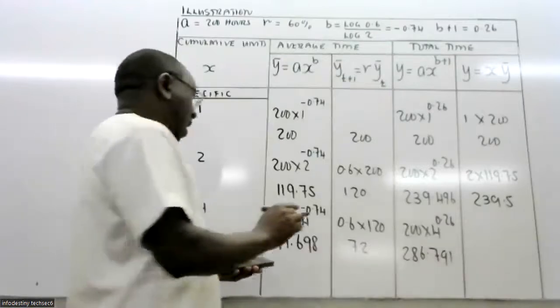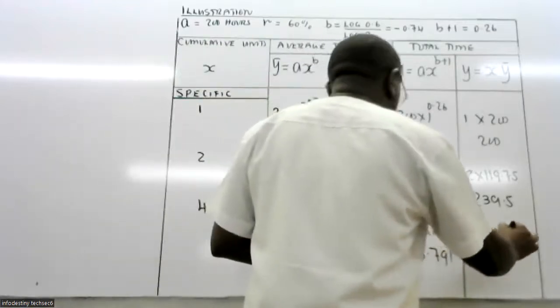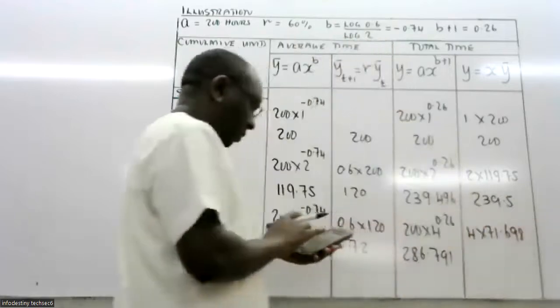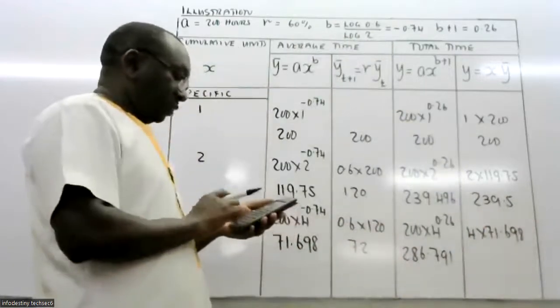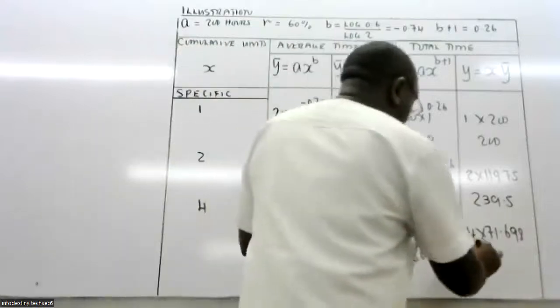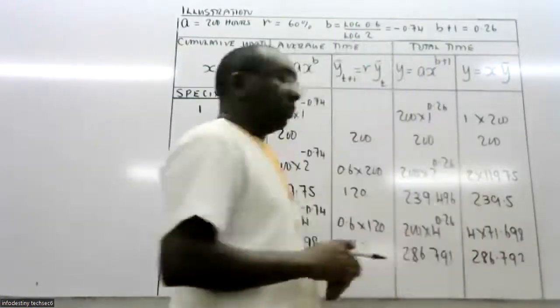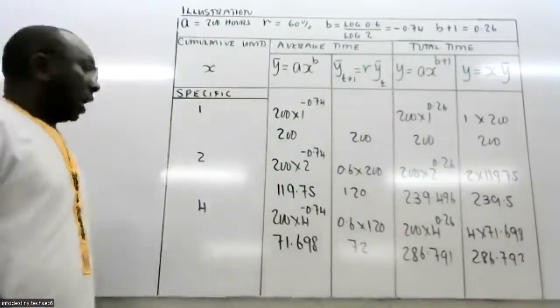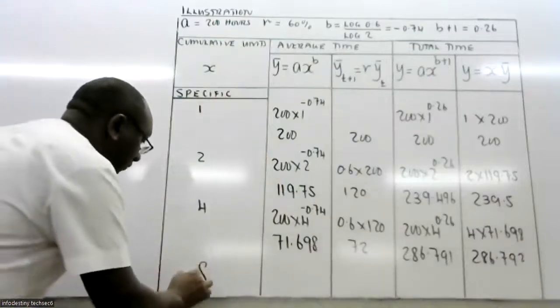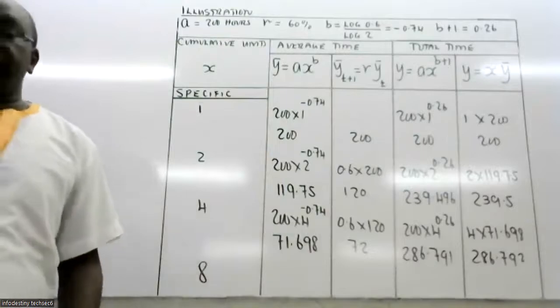Then here you say it is 4 times 71.698. 4 times 71.698 is 286.792. Now I want you to do on your own for 8. Do the one for 8.